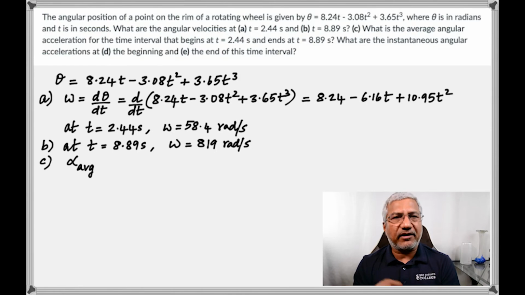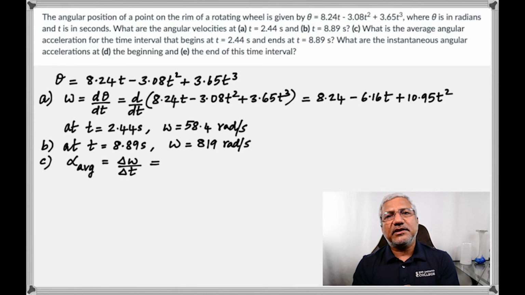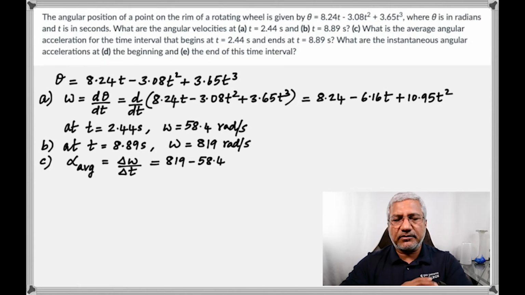So alpha average. We have to find the difference in the angular velocities and divide it by the change in time, because that's how acceleration is defined, right? It's a change in velocity divided by the time taken. So that's what I'm doing there to find the average.